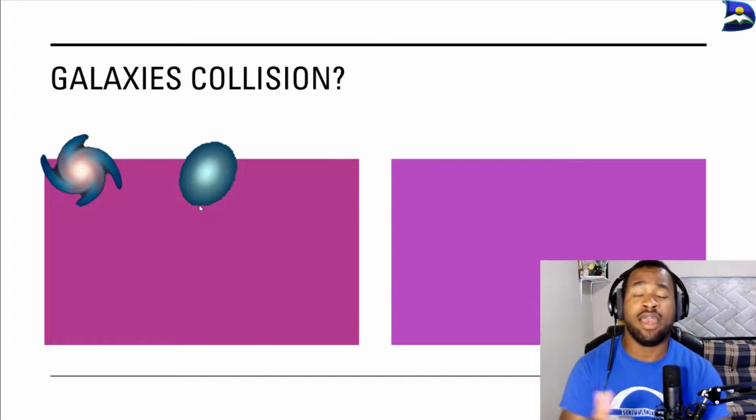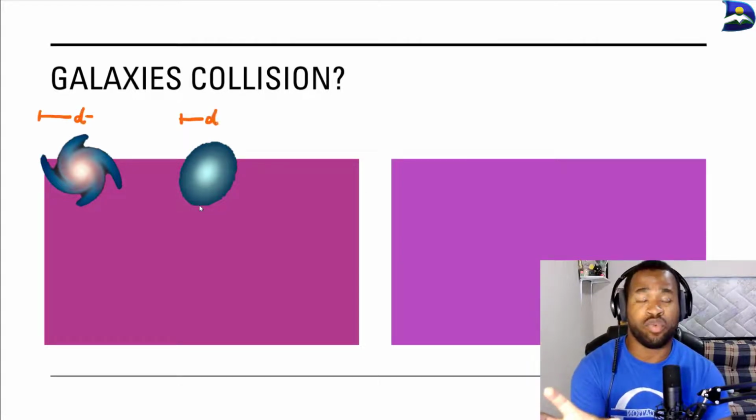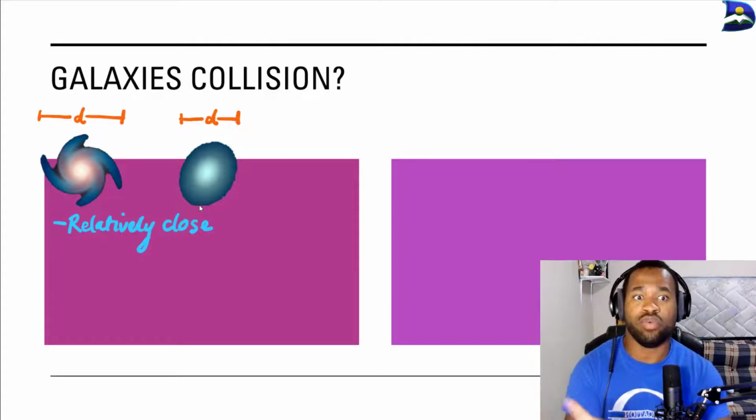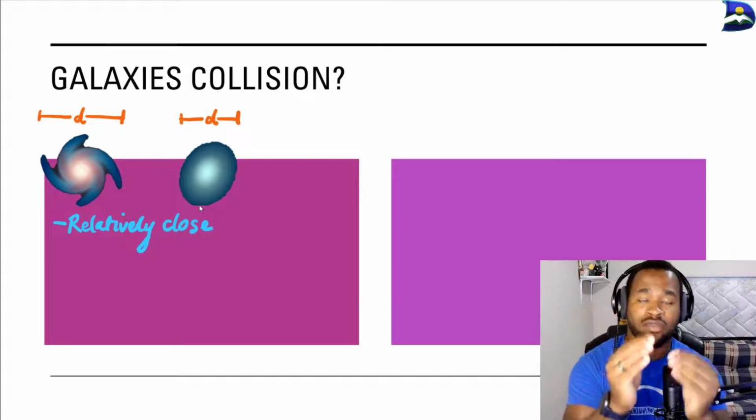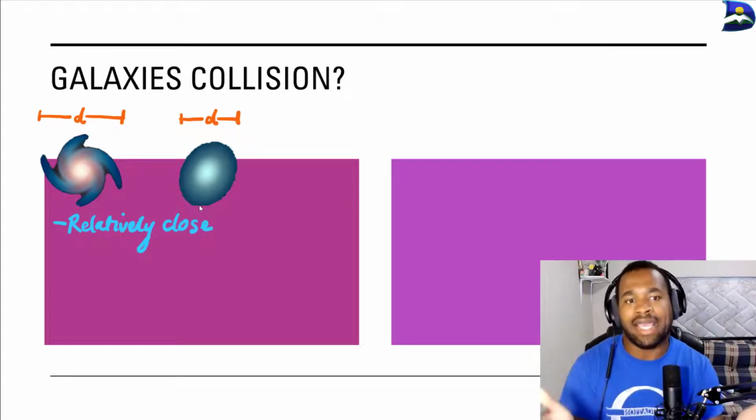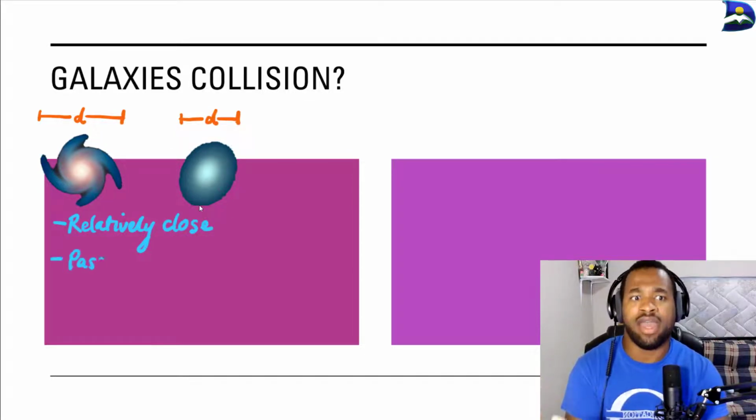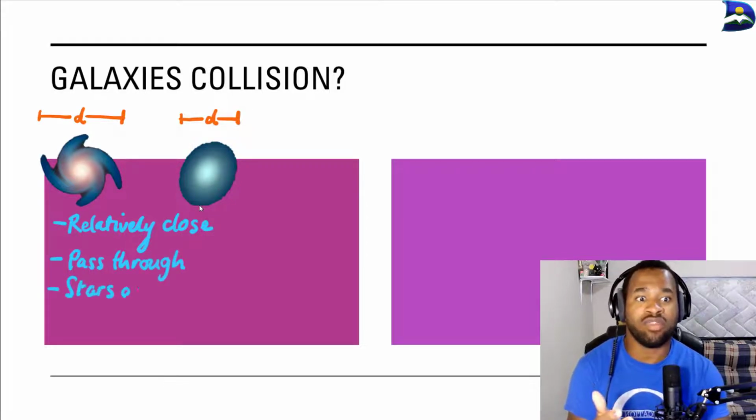The reason is that although we know that galaxies tend to be further away from each other, there is something interesting in terms of an individual galaxy, and that is that the diameters are so large to the point where at some point they relatively interact with each other because they will be really close. Therefore, when galaxies come together, they don't just collide, they actually pass through each other, and this passing results in the following.